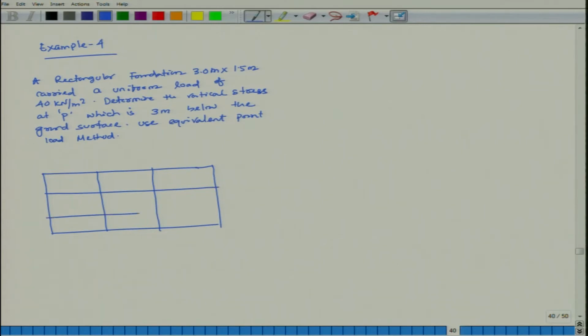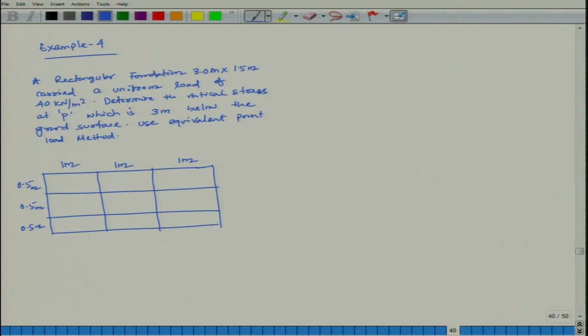Equivalent point load means I divide it in such a way that the 3 meter is made into equal parts of 1 meter, 1 meter and 1 meter, and the 1.5 meter is made into 0.5, 0.5, 0.5. That means each size has 1 meter by 0.5 meter, so it will be very easy to distribute.